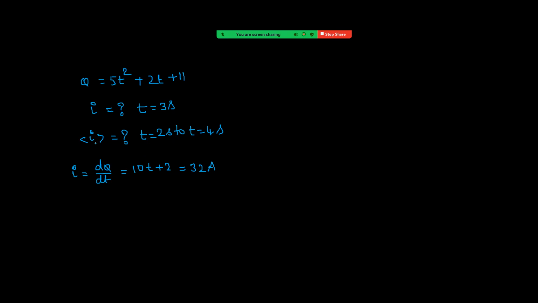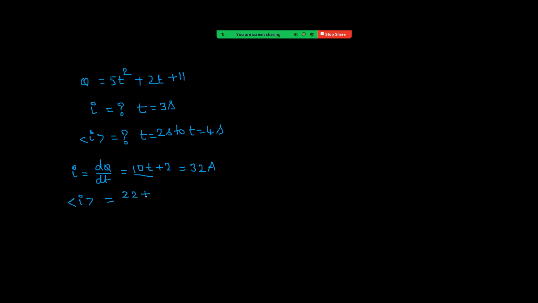Now we have to calculate the average value. Since the current is changing linearly, what I can do is calculate the initial value at time t equal to 2 seconds: 20 plus 2, 22.